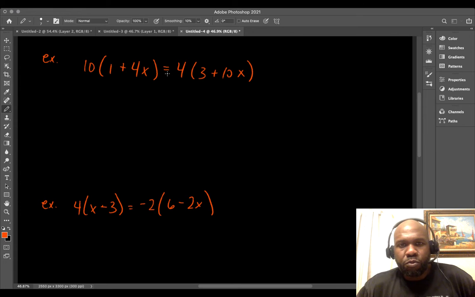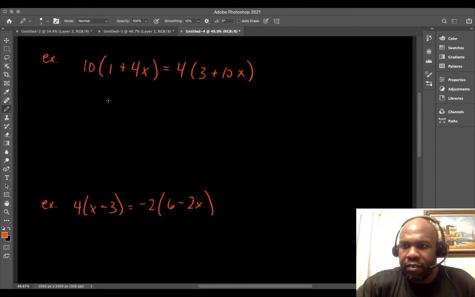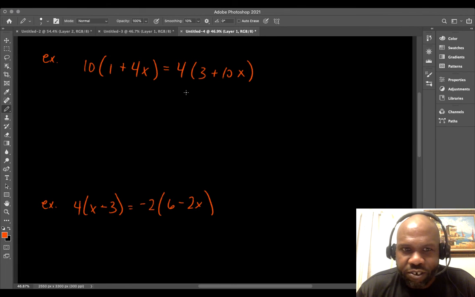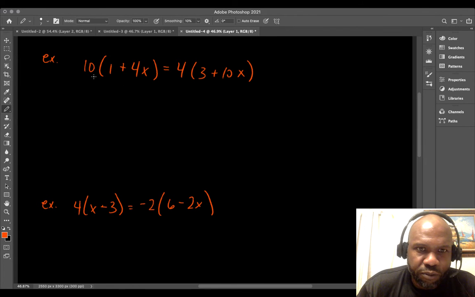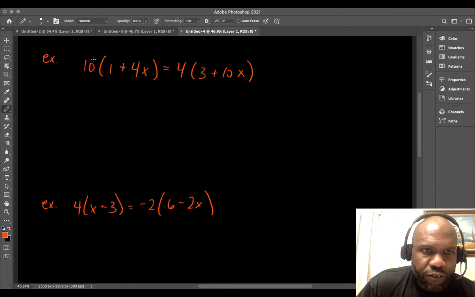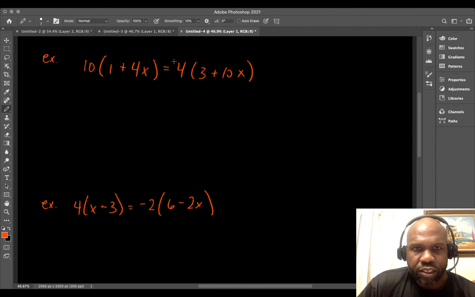Okay, so here's one right here. All right, let me add some more layers. I love this layers thing. This layers thing is awesome because it makes it easier for me to write. Okay, so the first thing is we have 10, parentheses 1 plus 4x equals 4, parentheses 3 plus 10x.